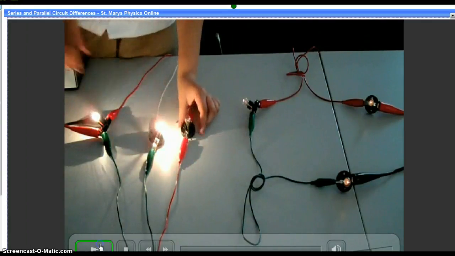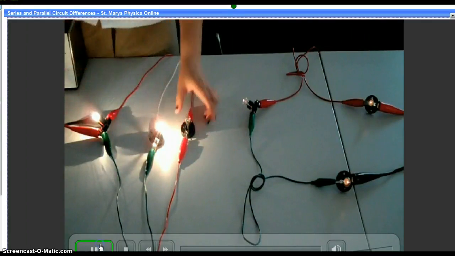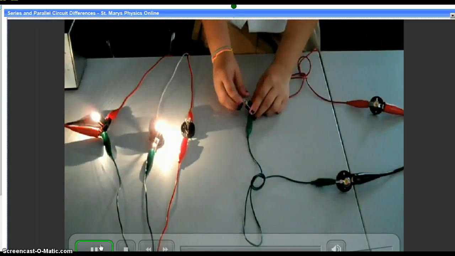Okay, so this light bulb is turned out, the others are continuing to work. And this light bulb gets unscrewed. The other ones cannot work. Okay, so by now you should be able to identify, oh yeah, hey, these lights are parallel to each other and one is going out, the others are continuing to work.